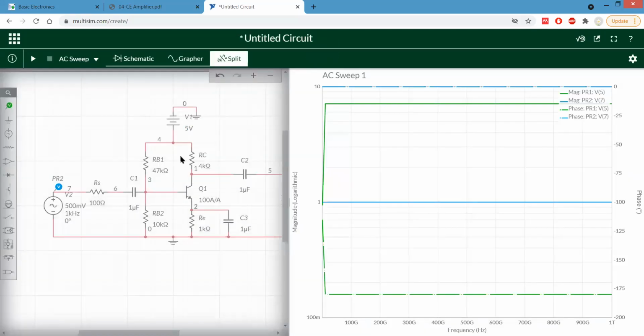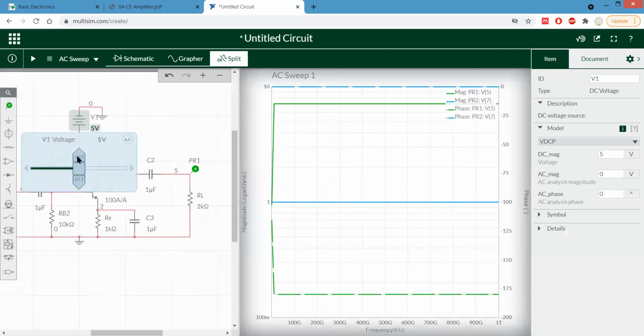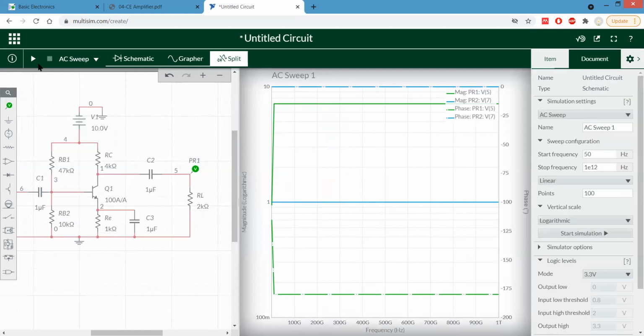Okay, this biasing that we have considered is 5 volt. It should be 12 volt or something. Consider 10 volt.